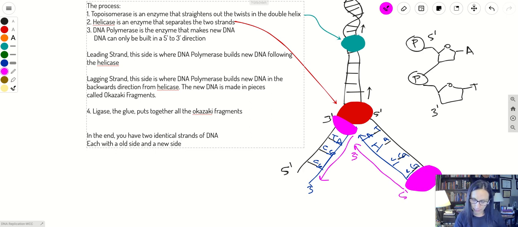Okay, I think that is everything. And because one side is old and one side is new, this is called semi-conservative. Okay, so it's half old, half new. So it's not all old, or that would be fully conservative. It's just semi-conservative. Okay, so that's a term you have to know.